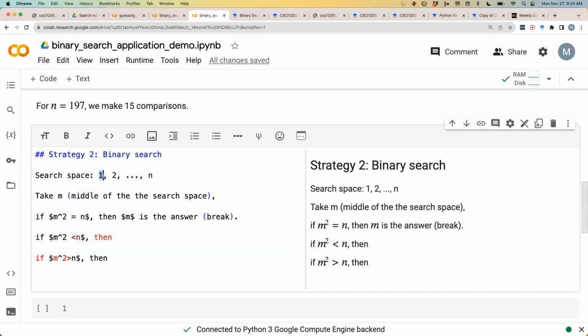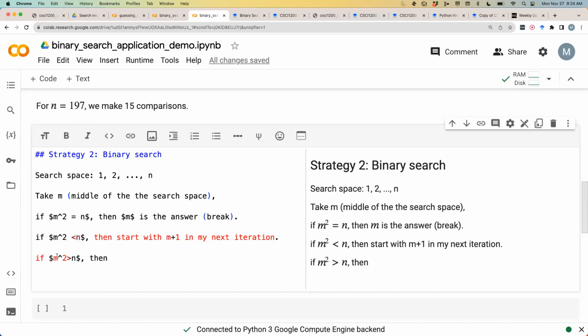The start will be increased to M plus 1. Then I start with M plus 1 in my next iteration. M squared is not enough to cover my students, so my next search will be for M plus 1, to see whether M plus 1 can cover that number of students.